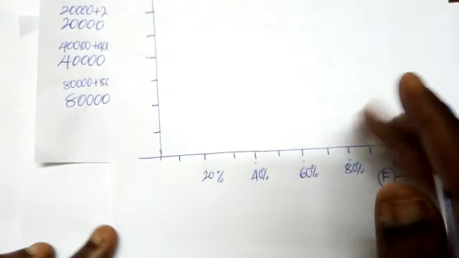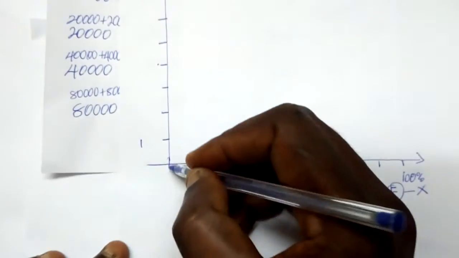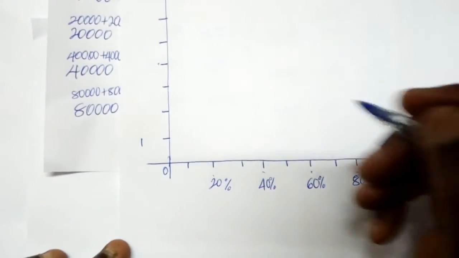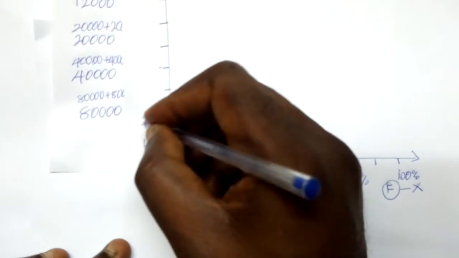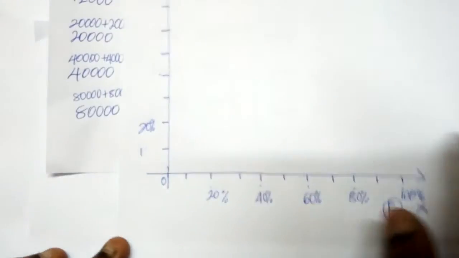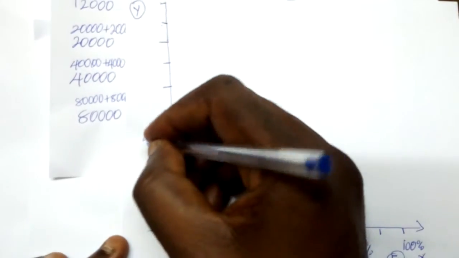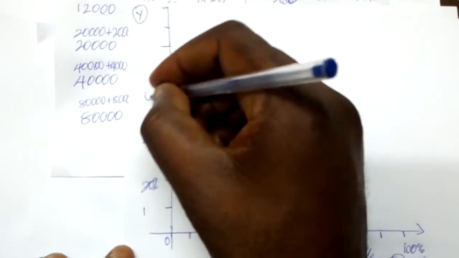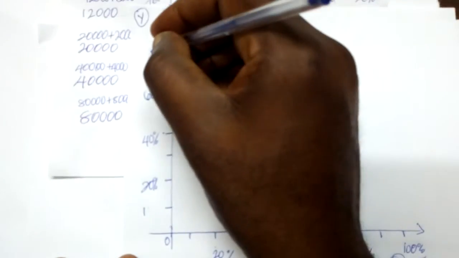Then this is 0 of the graph, the origin of the graph. We have 20%, 40%, 60%, 80%, and 100%. So this is a Lorenz curve to show.